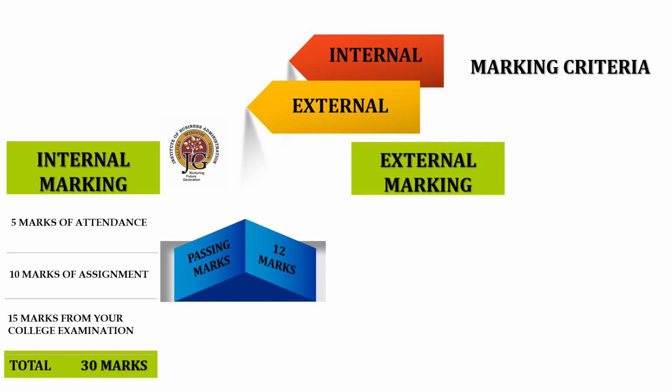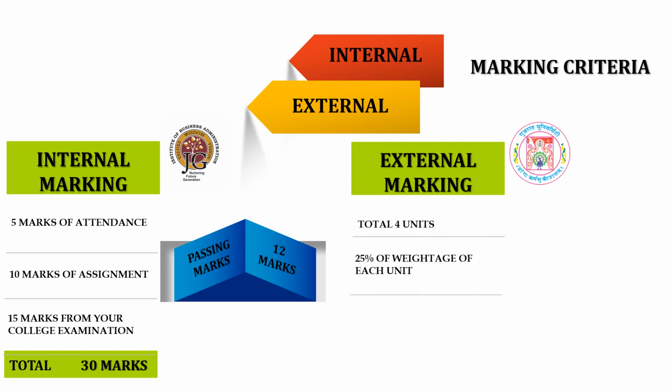In the same way, external marking will be done by Gujarat University on the basis of a total of 4 units. Obviously, each unit will have a weightage of 25 percent.